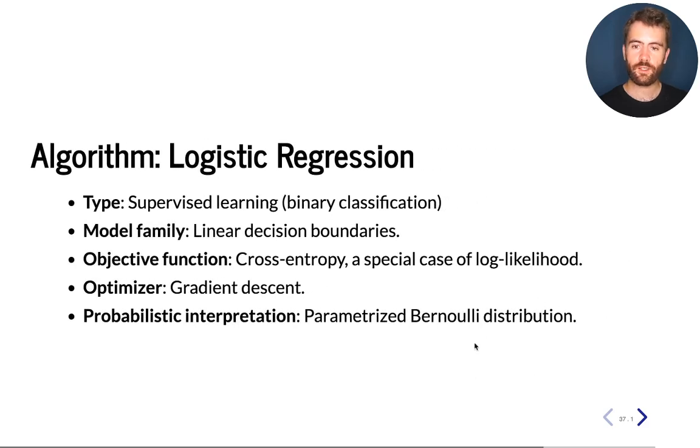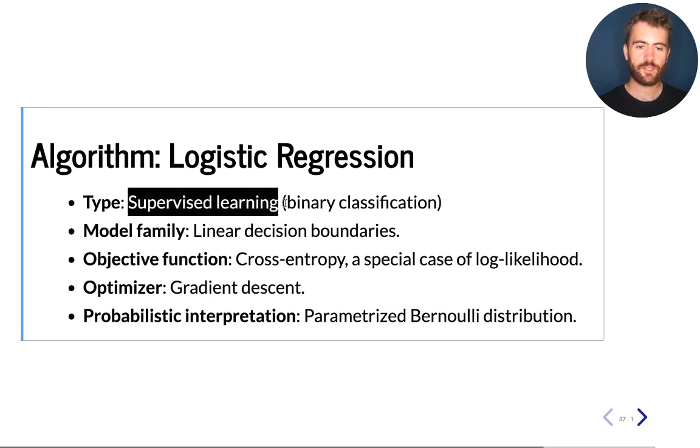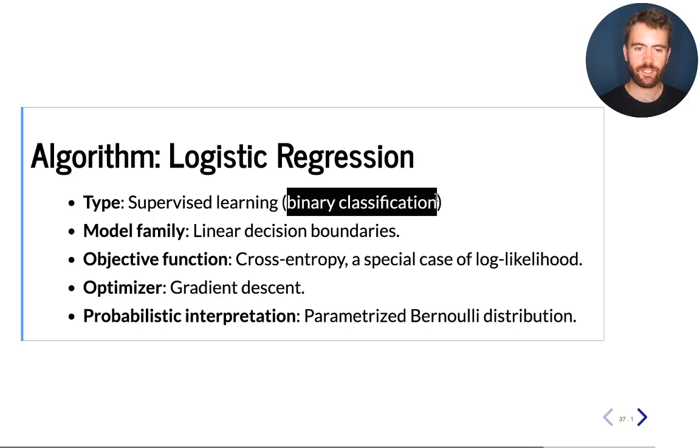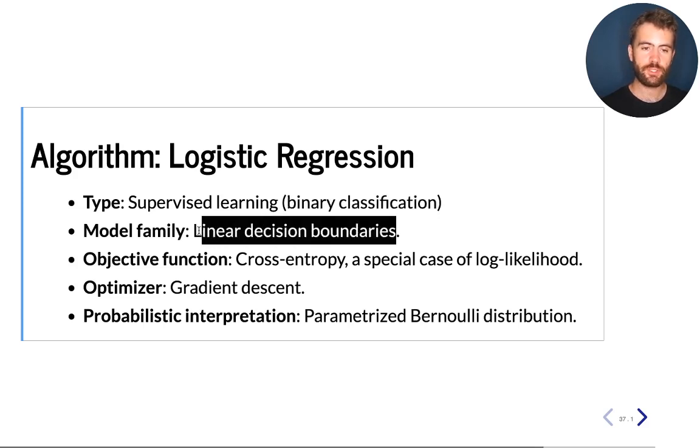Summarizing what we saw in this video, we saw logistic regression, which is a type of supervised learning that is applicable for binary classification. Again, regression is an unfortunate misnomer. This is actually a classification algorithm. We're looking at the model family which consists of linear decision boundaries between the two regions.